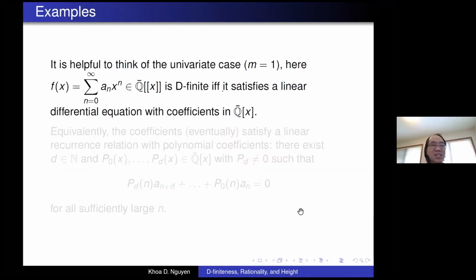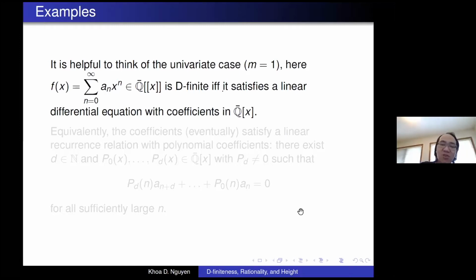And again, to get the feeling and the idea for what's going on, it's perfectly fine to just consider the case of one variable. So now we have a one variable D-finite power series with algebraic coefficients. Then the partial derivatives, of course, in this case there's just one variable, span a finite dimensional vector space.